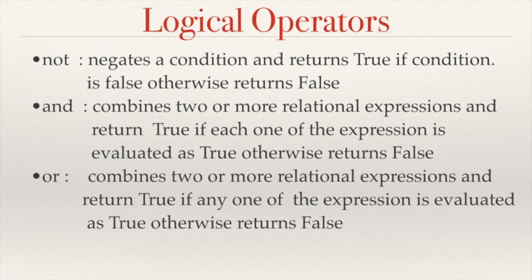So now coming to the logical operators. Often during the course of writing a program, we need to join one or more logical or relational expressions to build a composite logic. For example, to check people's age, which lies within the range 50 to 70, we must make at least two comparisons. That is, first we must check whether the age is greater than or equal to 50, and then we should also check whether the age is less than or equal to 70.